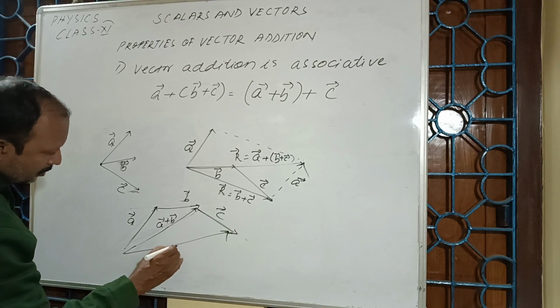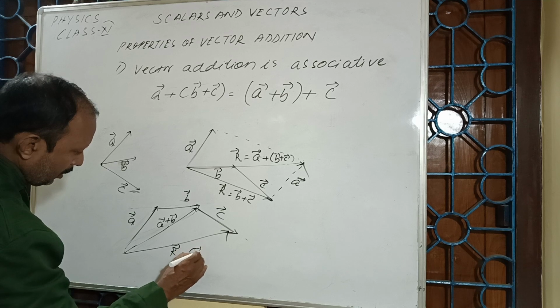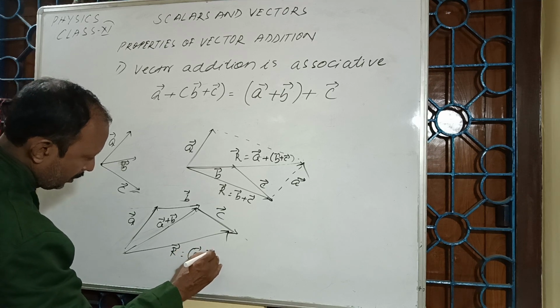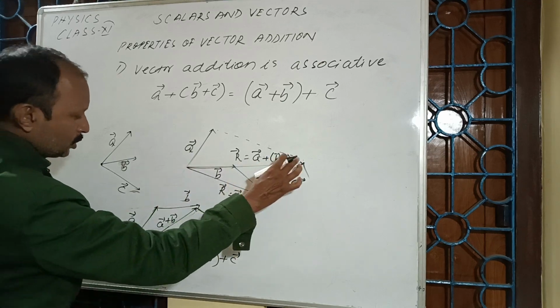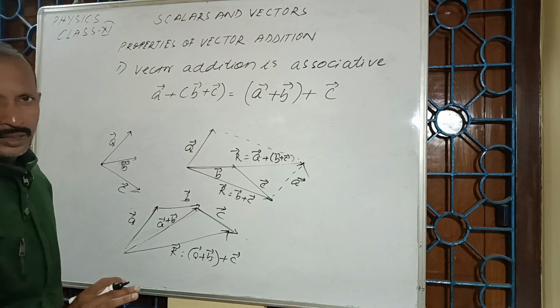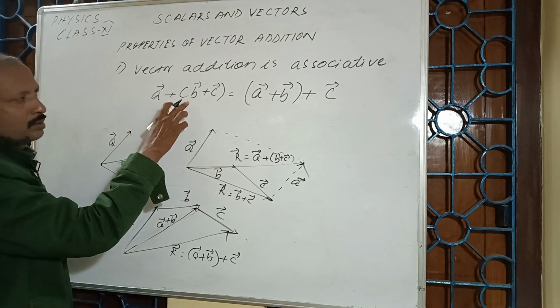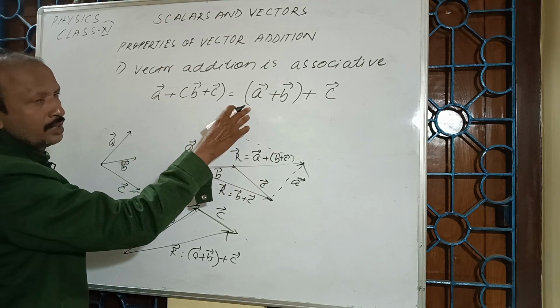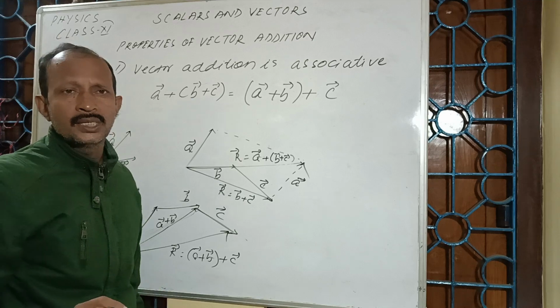This is the resultant vector. What can I write? A plus B plus C. You see that this one and this one look the same. That means A plus B plus C whole is equal to A plus B whole plus C.